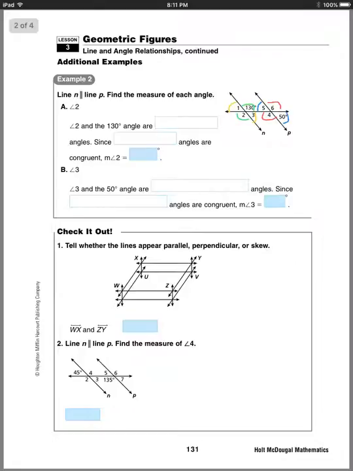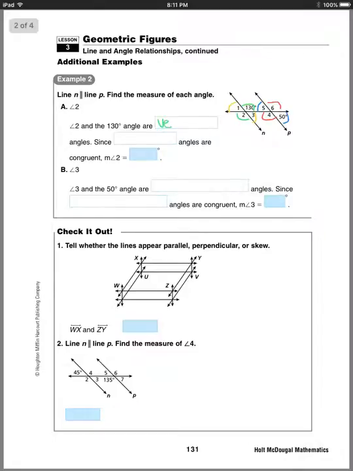So angle 2, we are looking for angle 2. So angle 2 is green, and we know that the other green is 130 degrees. So they are vertical angles. I should make that in green because those are in green. Let's go ahead and do that. So it's still vertical. I just want to make it the same color so you know what we're looking at.